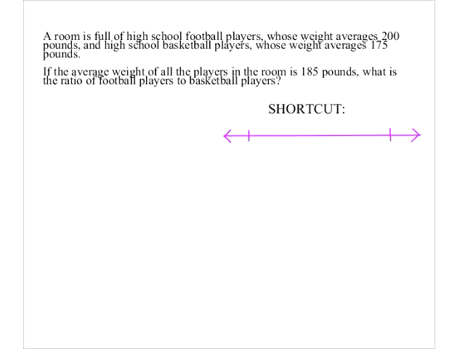Football players are 200 pounds, so 200 is the football players. And 175 is basketball players. And then our weighted average, a couple of you are nailing this already. It's going to take me longer because I have to draw it on the screen. So 185 is the weighted average.